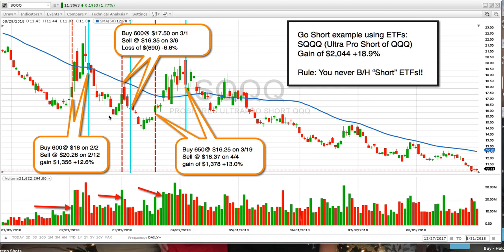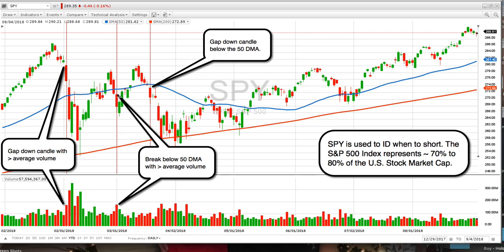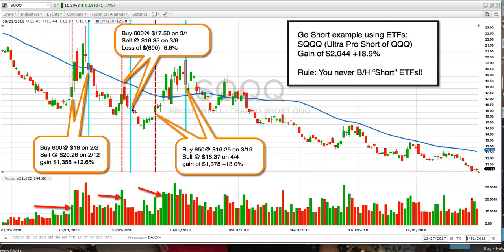Okay, then we went back up here. And again, if we go to the other chart, we'll see that we have higher volume. And again, we're looking at the SPY to confirm that. Back here, we had a gap down on that day. So then we traded on that day, March the 1st, with higher volume.